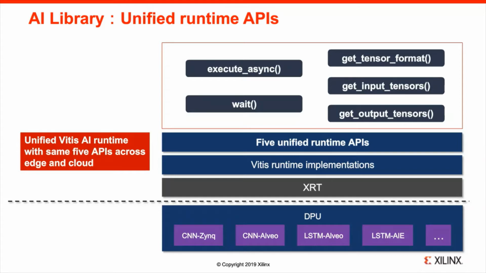And above XRT, we have the Vitis AI runtime. Here we define 5 runtime APIs: execute, wait, get tensor formats, get input tensors, and get output tensors.